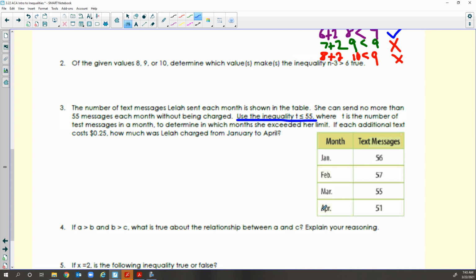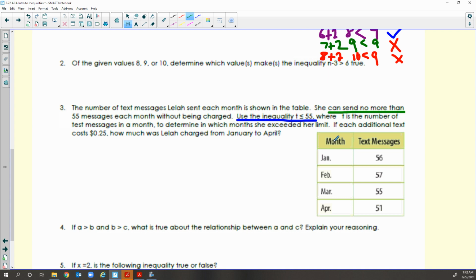Use the inequality T is less than or equal to 55. Why do we use the less than or equal to symbol there? Take a second to think. Her phone contract says she can send no more than 55. No more than means we can do that amount, 55, but we cannot go over.